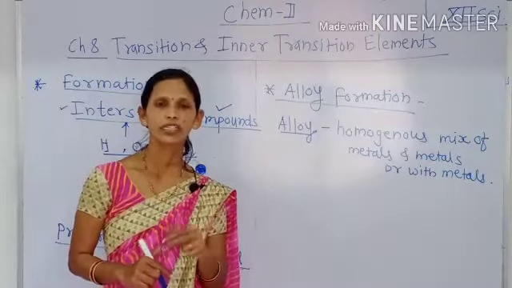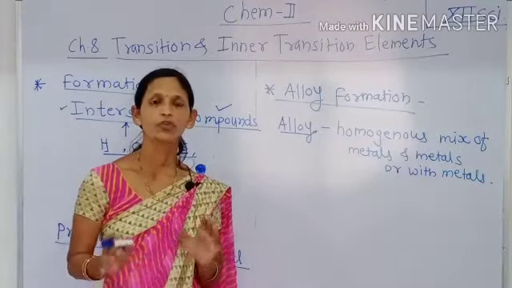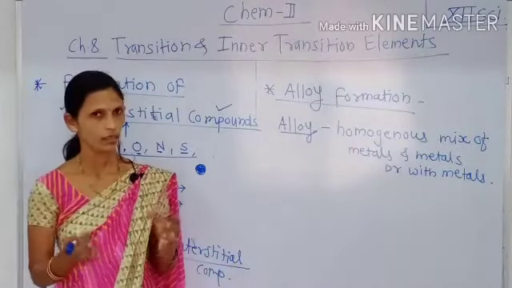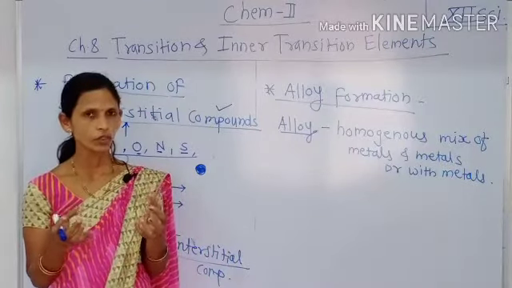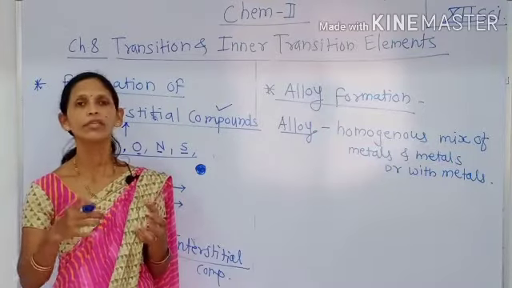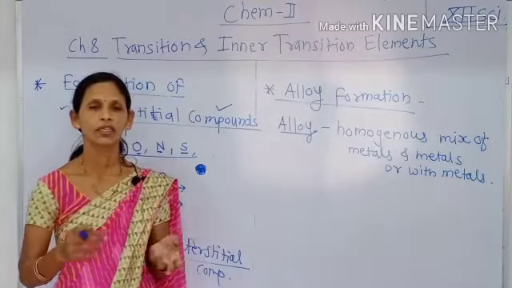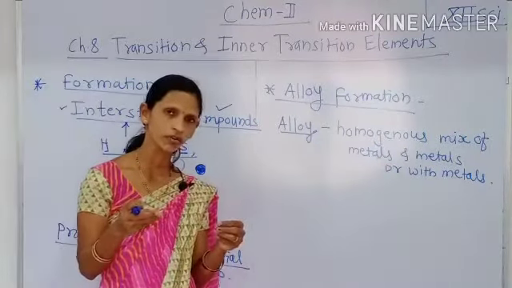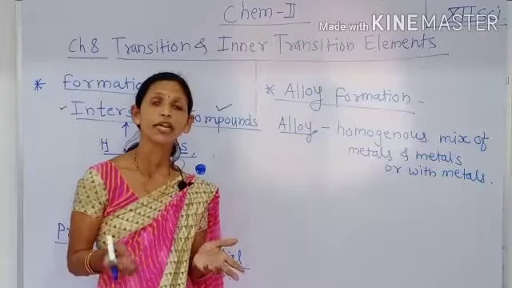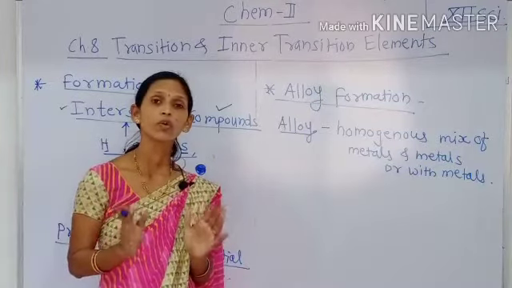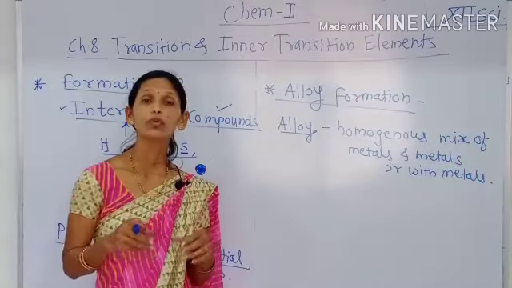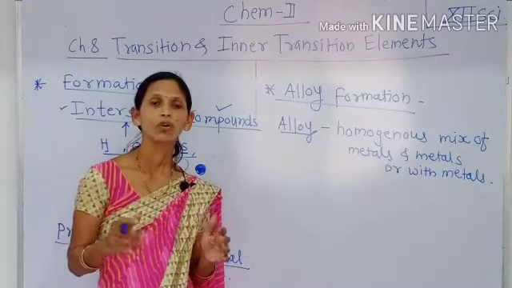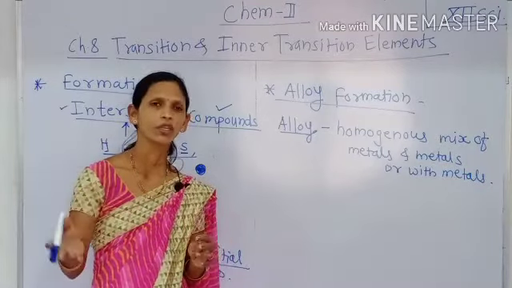And these types of transition metals have the capacity to form alloys. Alloy formation takes place when the atoms of one metal get distributed randomly in the lattice structure of another element, forming a homogeneous mixture of two or more different metals, or of metals and non-metals.